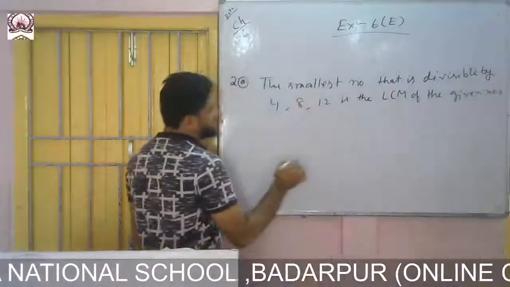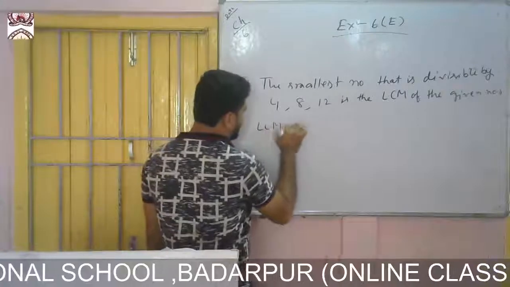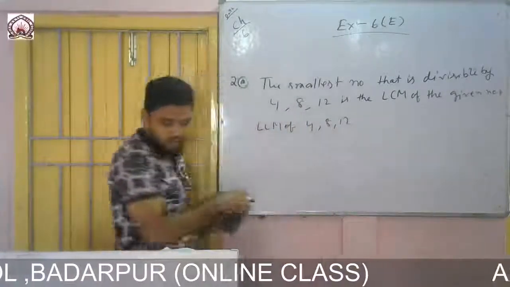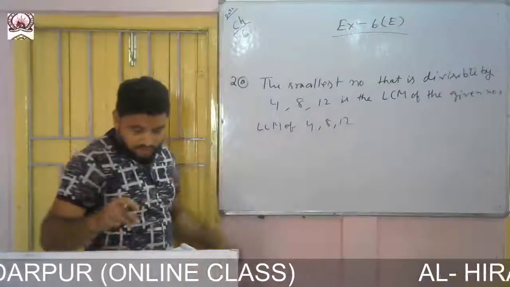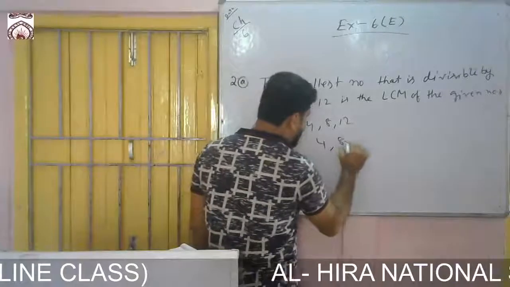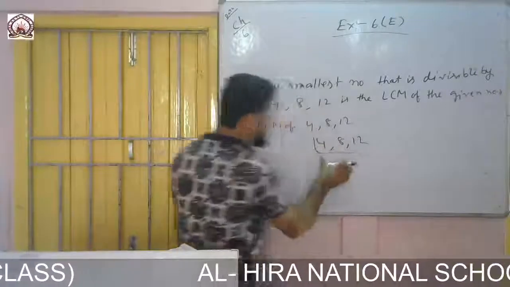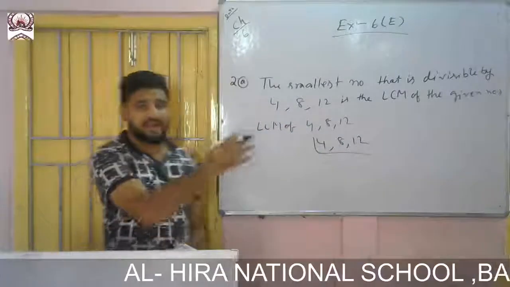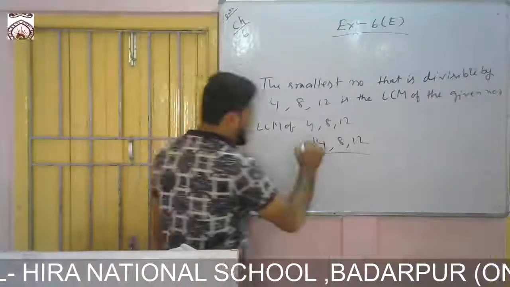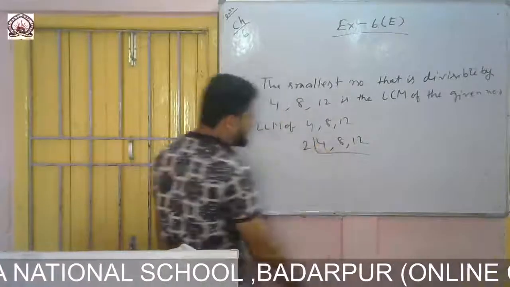So write LCM of 4, 8, 12. So why am I taking 3 at a time? Because if I do separately then it will take a big time. So let us learn this process of how to take.